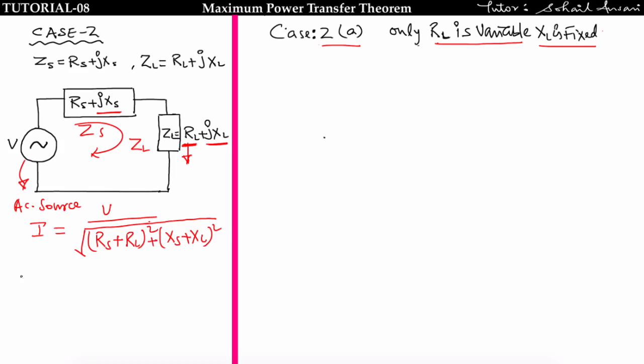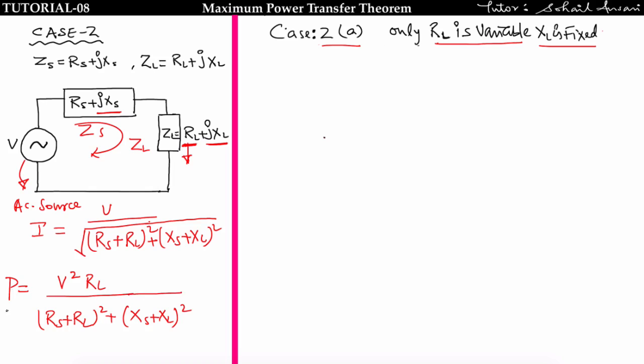Now calculate power. Power is equal to I square R. So you will get V square into RL by (RS plus RL) whole square plus (XS plus XL) whole square. Power is given by I square into RL.